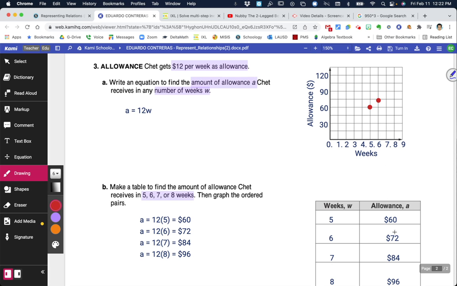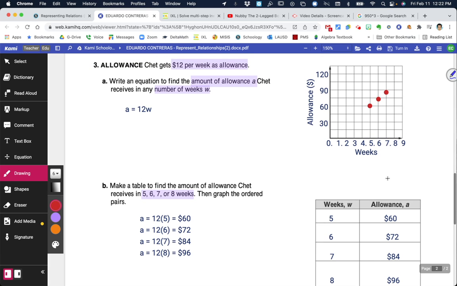That's 75. And now we want 84. So for 7, we want 84. So let's go here and follow it up. And okay, this is too high because it's 90. 84 would be just under there, right? Maybe about there. Do you see that they're kind of in line or very close to being in line? So now we just have one last point to make at 95.